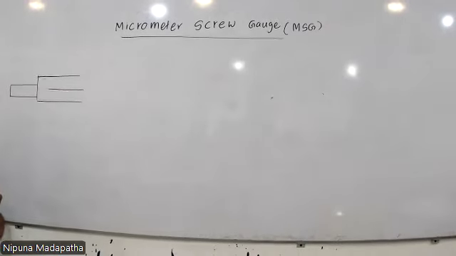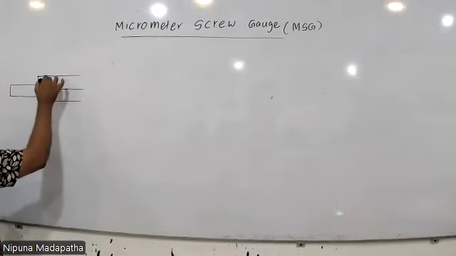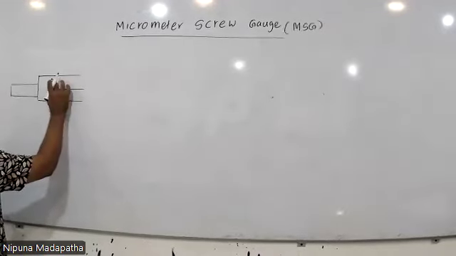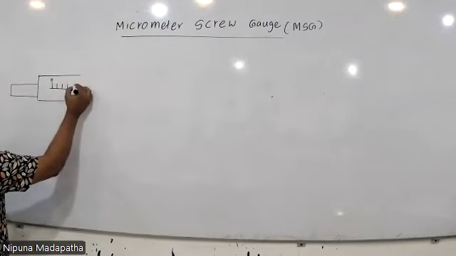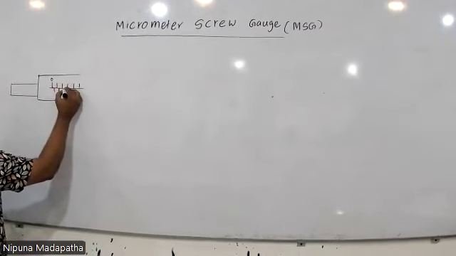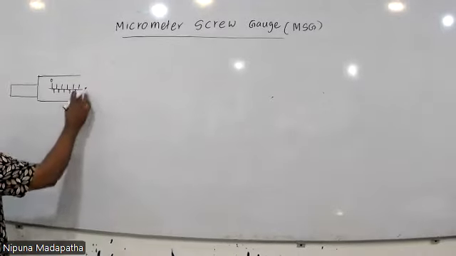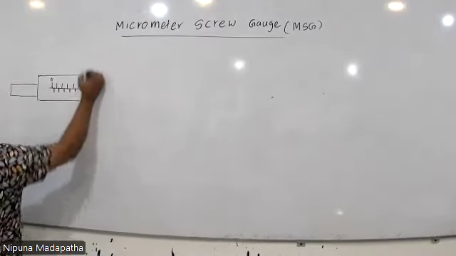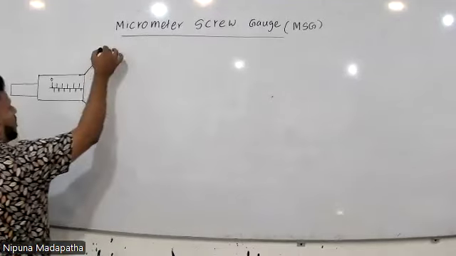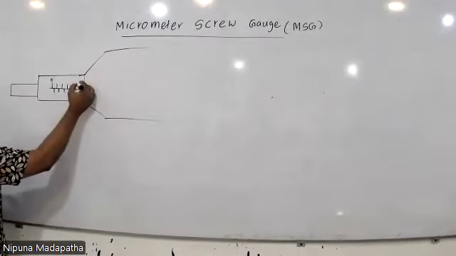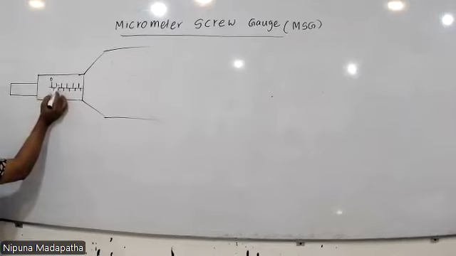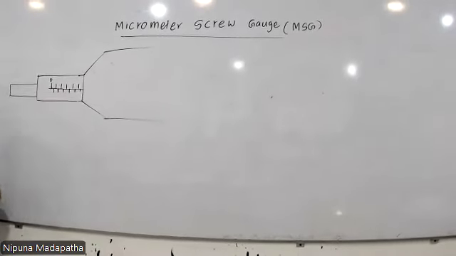We have a center line starting from 0. Normally in typical micrometers, the linear scale has 1 millimeter divisions above, and half millimeter divisions below.